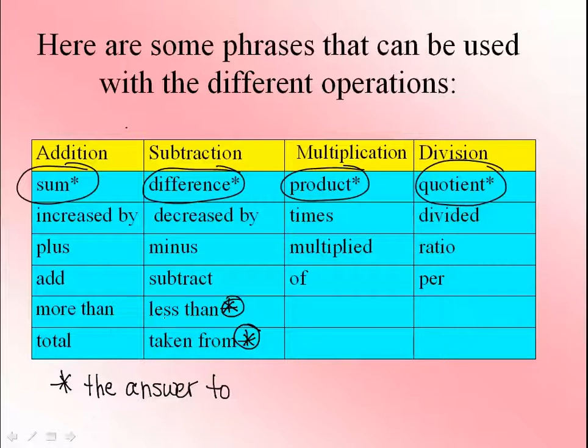But if I said 5 less than 2, that means I started with 2, and I'm going to subtract 5. So I have switched the order. That's the same with taken from. If 5 is taken from 2, I started with 2, and I'm subtracting 5. So these two are important because they switch the order.